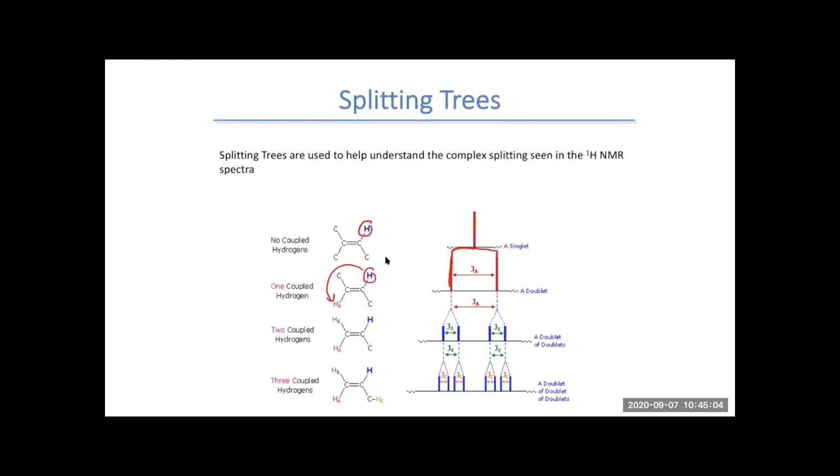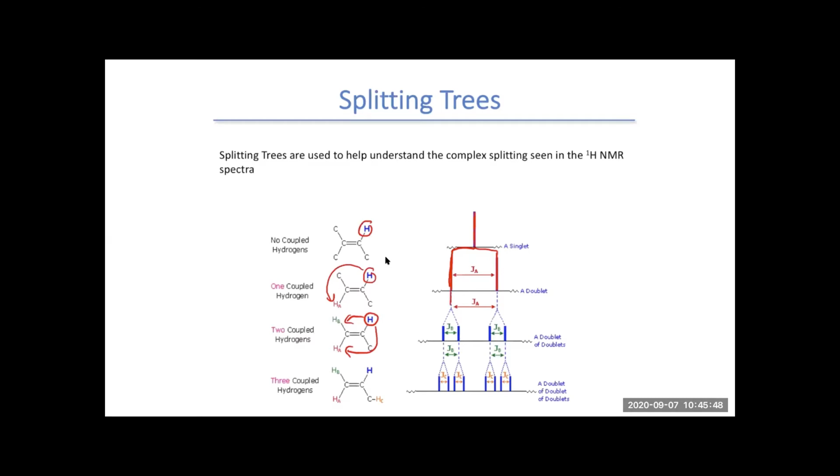This is our tree branching out. Instead of just the single line up here, which we can think of as the trunk, it now has two branches on it. If that hydrogen now sees two hydrogens that are different from each other, it's going to split into that doublet like it did for the original hydrogen A.